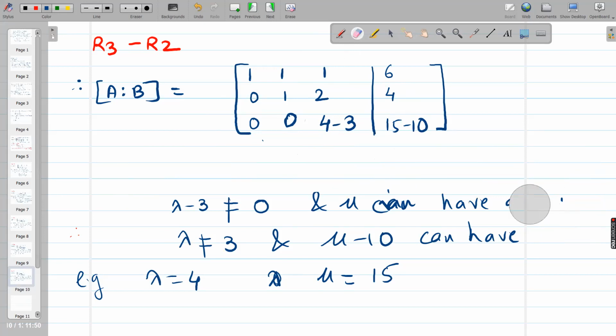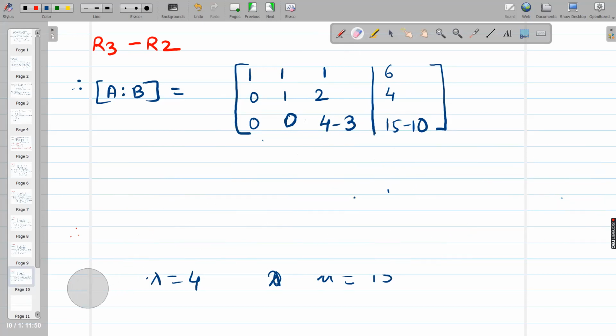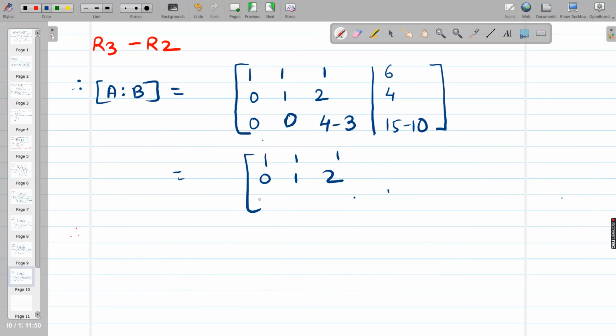And then what happens? Let us see. So it will be 1 1 1, 0 1 2, 0 0 1, and 6, 4, and 5.